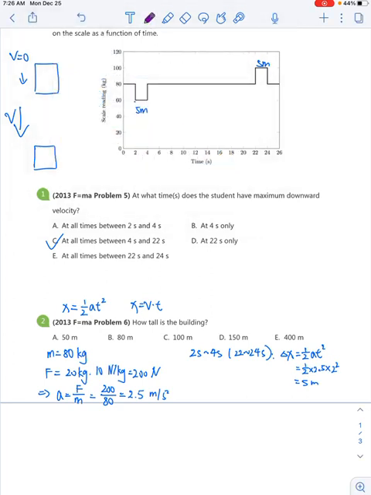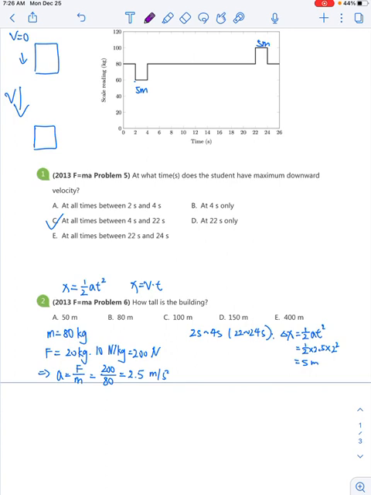Okay, and then we are going to figure out the middle part. Because the acceleration is 2.5 meters per second squared, and we also have 2 seconds to accelerate, we know that the actual velocity is going to be a times the time, which will be 2.5 multiplied by 2 equals 5 meters per second.